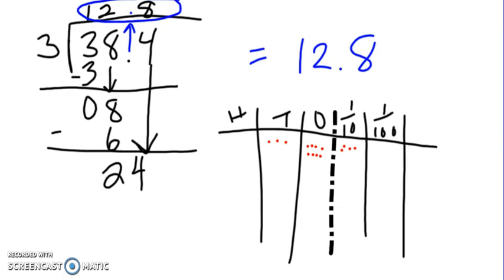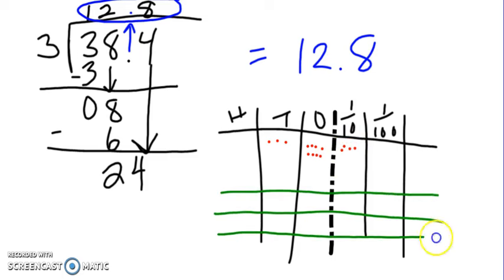If I didn't want to use the standard algorithm for my division, I could use a place value chart. So you can see I took my 38 and 4/10 and put in my 3 tens, my 8 ones, and my 4 tenths, and then I would be dividing that into 3 groups. So I would make my 3 groups on my place value chart.